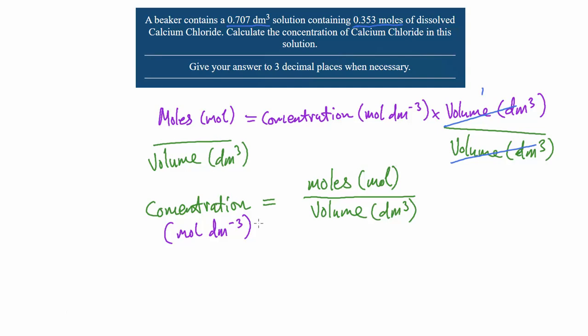And so in this case, the concentration would be equal to 0.353 divided by 0.707, right? And so if you try and work that out on your calculator, see what you get.